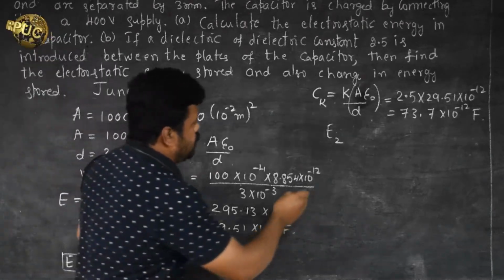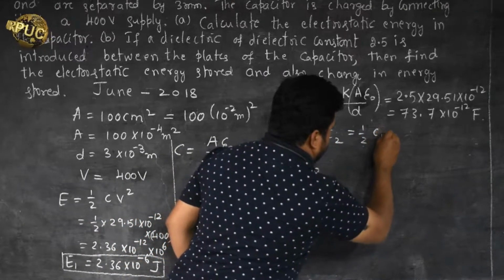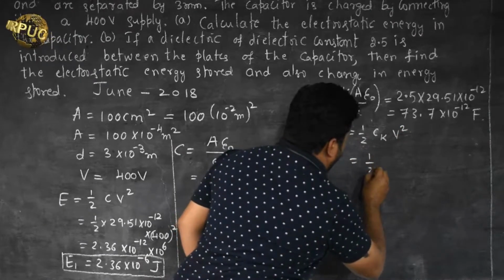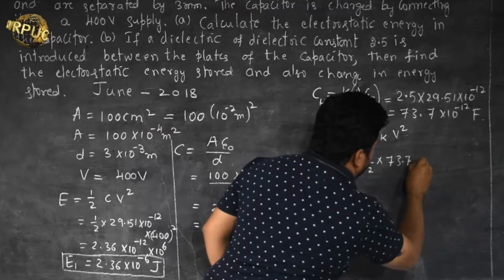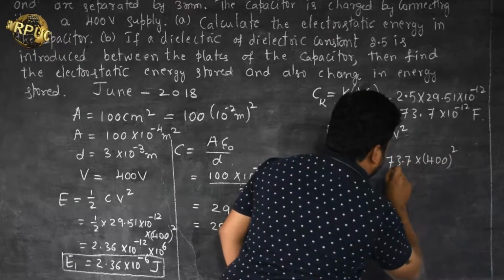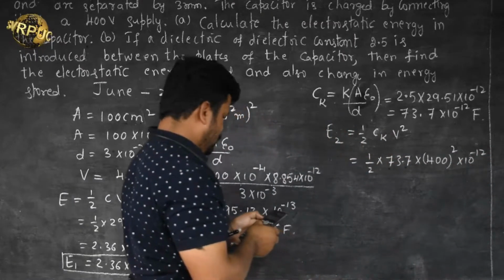So E2 is half C K into V square. This becomes half into 73.7 into 10 to the power minus 12 into 400 square.